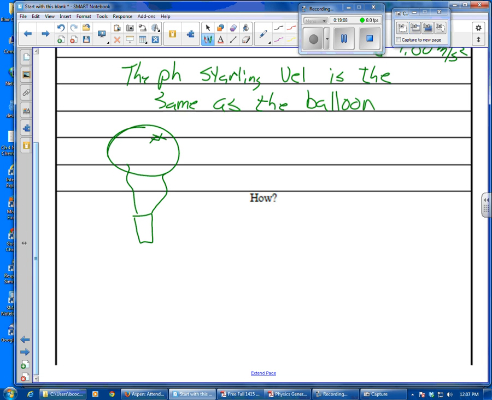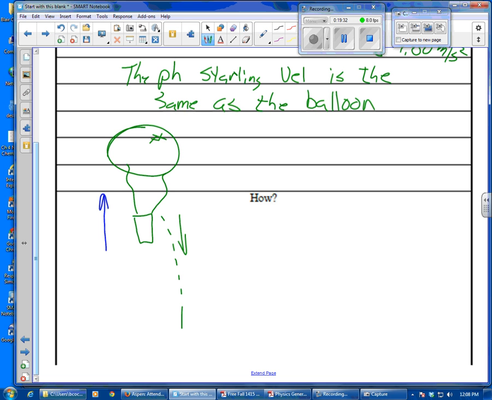If the balloon is moving downwards, then dropping the cell phone is going to look like this. But in the second case, the balloon is moving upwards. What's the path of the cell phone going to look like if it's dropped from the upwards moving balloon?